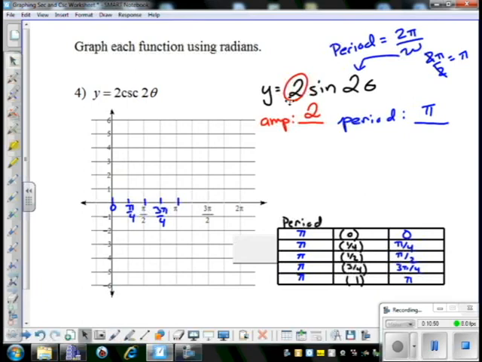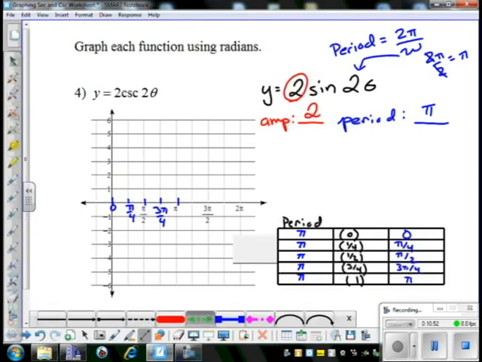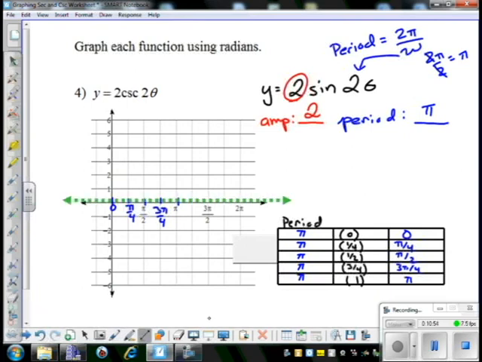Now, there was no vertical shift, so our midline still is on the x-axis. The amplitude is 2, so we need to go up 2 and down 2 from that midline. Now, we're graphing the sine.